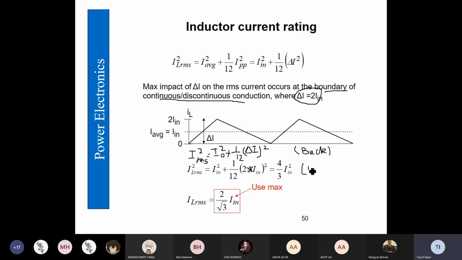So this is for the boost, and the first one is for the buck converter. The only difference is the average current, which in the case of buck is the output current, and in the case of boost is the input current.